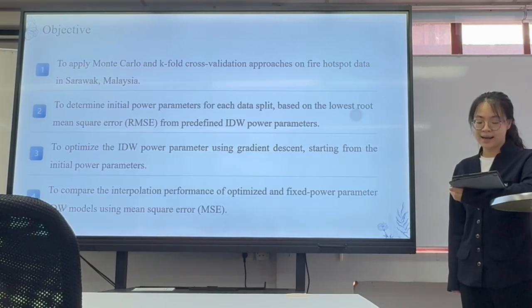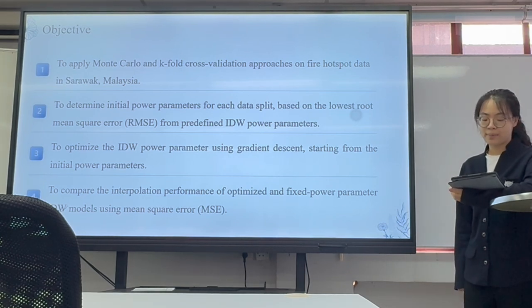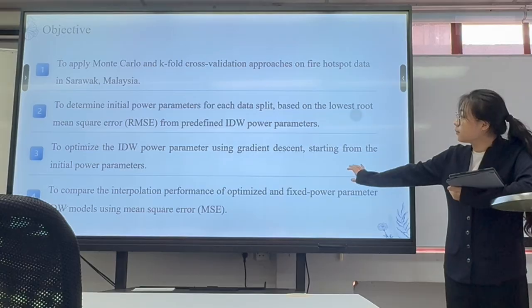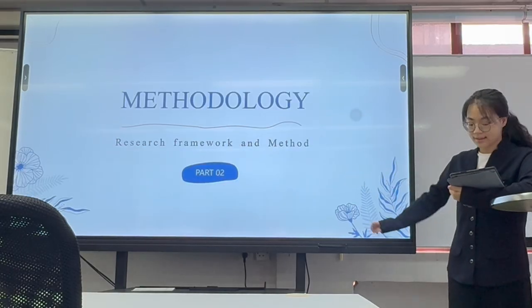Next, to optimize the IDW power parameter using gradient descent starting from the initial power parameter. Finally, to compare the interpolation performance of optimized and fixed power parameter IDW models using mean square error.